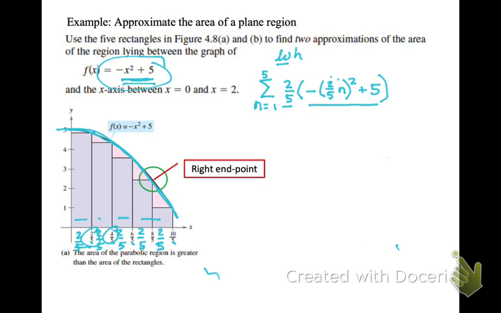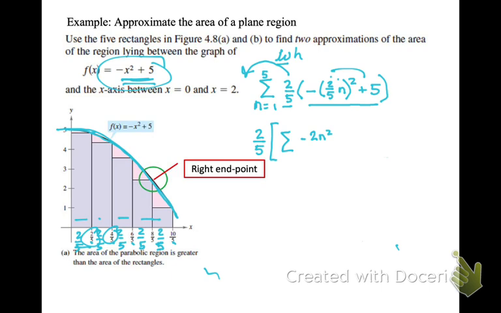So to calculate this, the 2/5 would go out. Yes? And then I would separate these two things. So I have 2/5 times the sum of negative 2n squared.